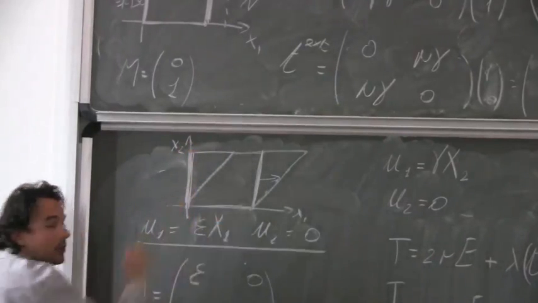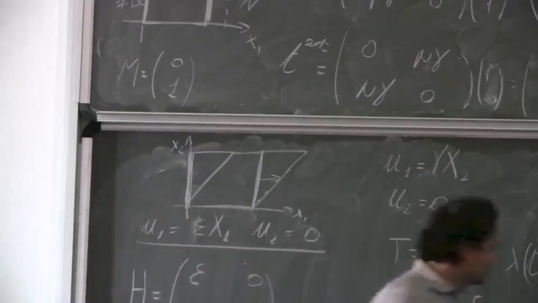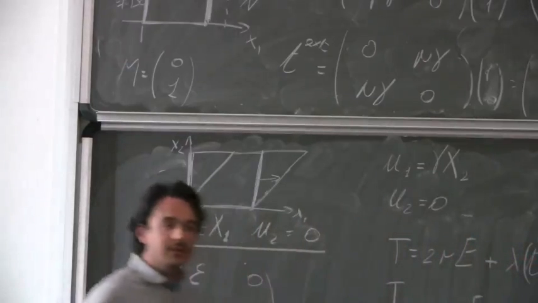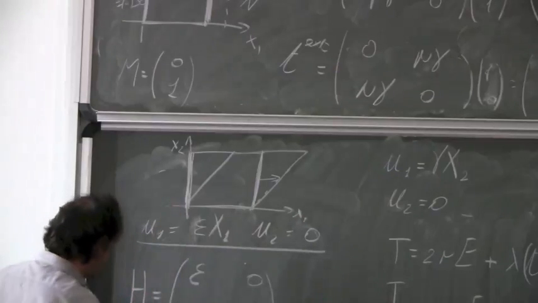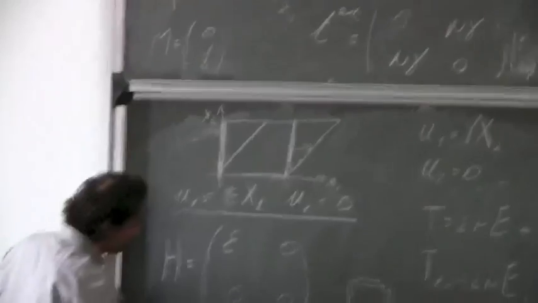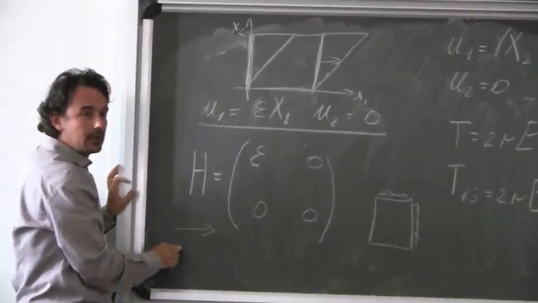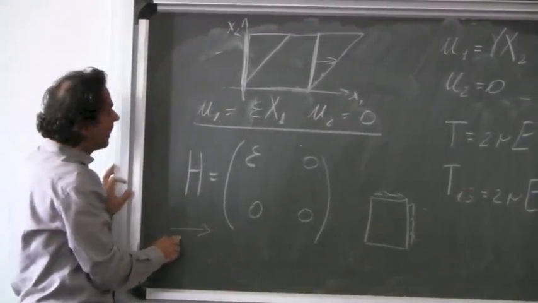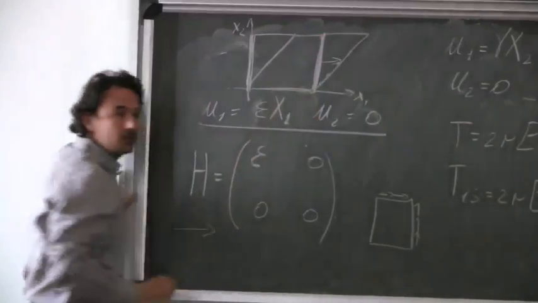What is the external normal? 1, 0, it means that there's a component 1 in the x1 direction and 0 component in the x2 direction. So this is the external normal on this side.